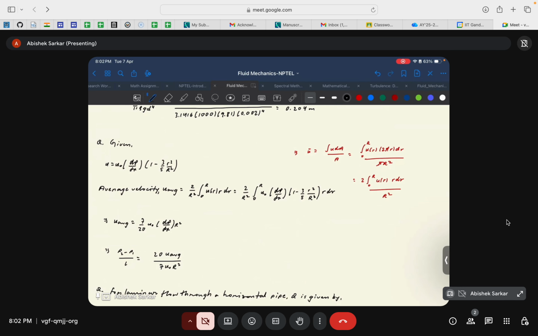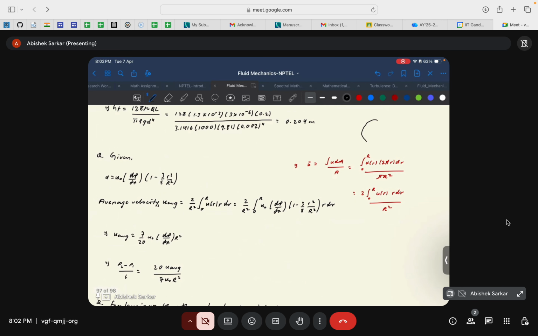For example, for the cross section of a cylindrical pipe with radius r, the length would be 2 pi r and the width would be dr.